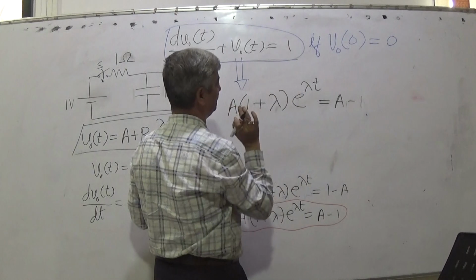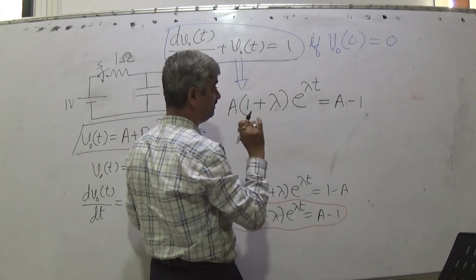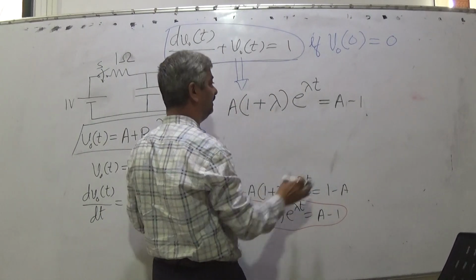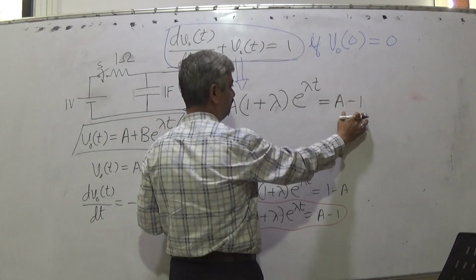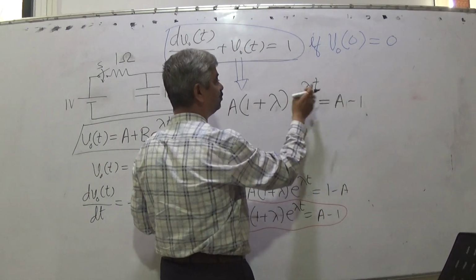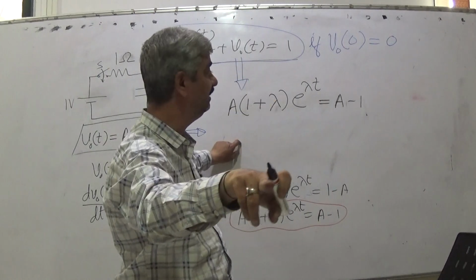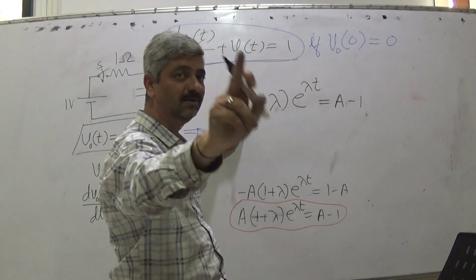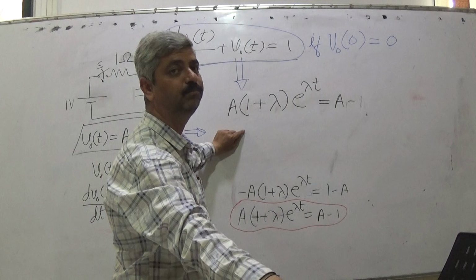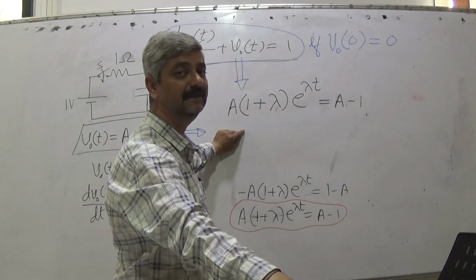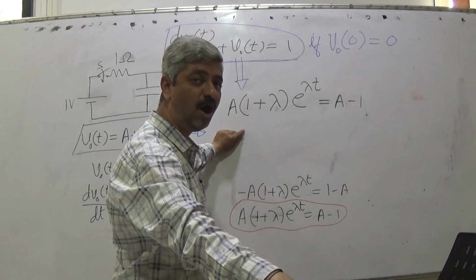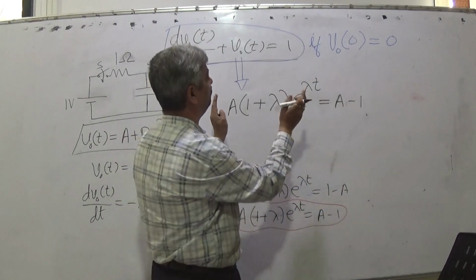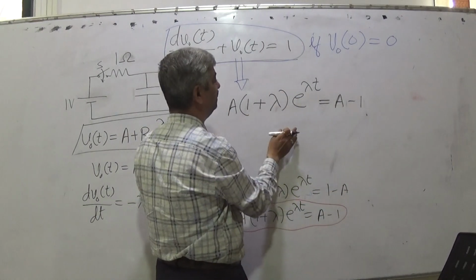So this must be satisfied for all values of t. RHS is a constant. So LHS should not vary for t. Means for all values of t, LHS should become constant. When will it become constant?